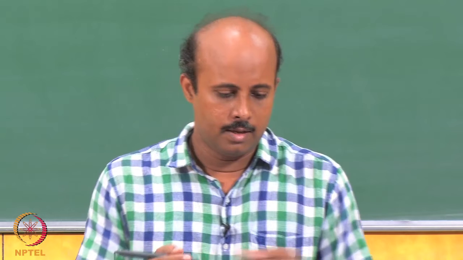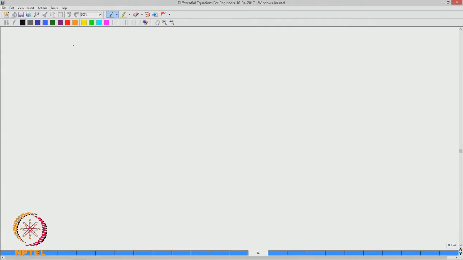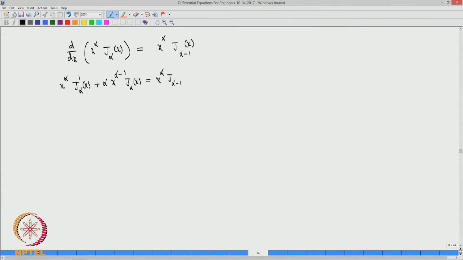So, consider the Bessel properties that we had. These are d/dx of x power alpha J alpha of x, which we have shown already, is x power alpha J alpha minus 1 of x. This is one. If you actually differentiate, you have x power alpha J alpha dash of x plus alpha times x power alpha minus 1 J alpha of x, and on the right hand side you have J alpha minus 1 as it is.